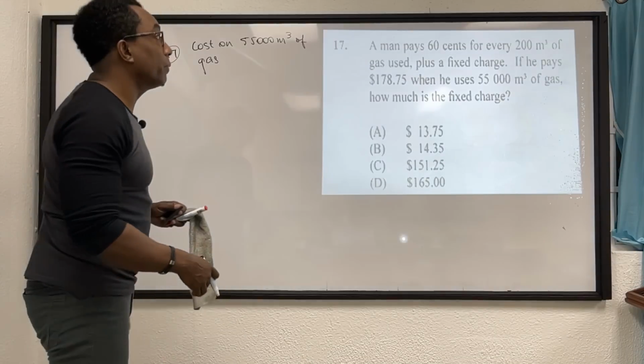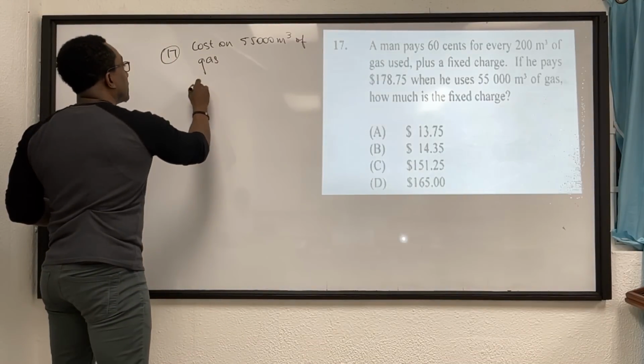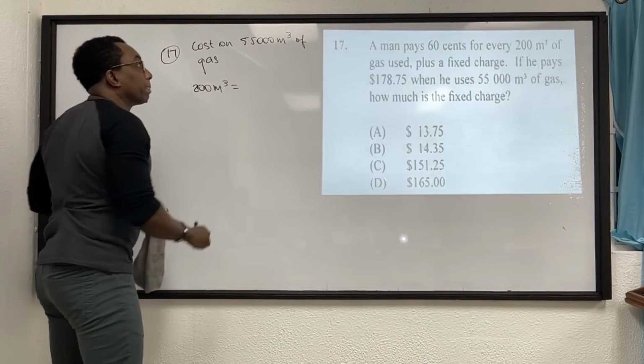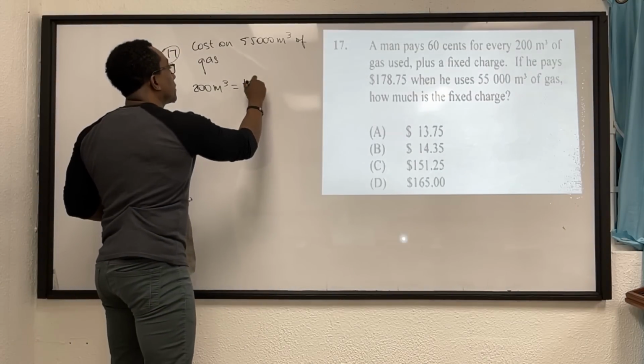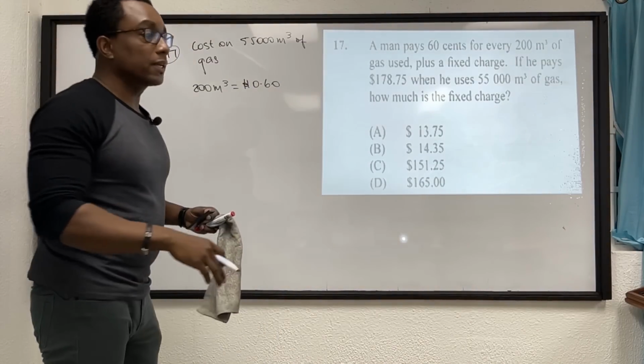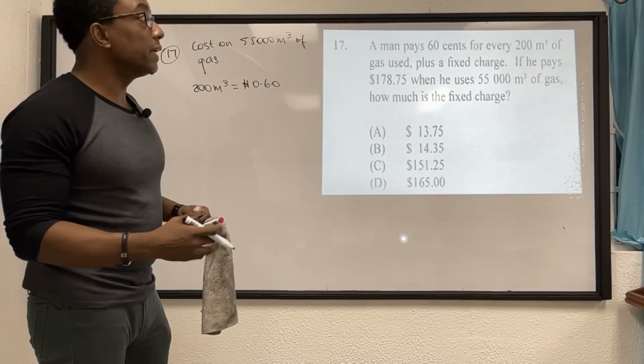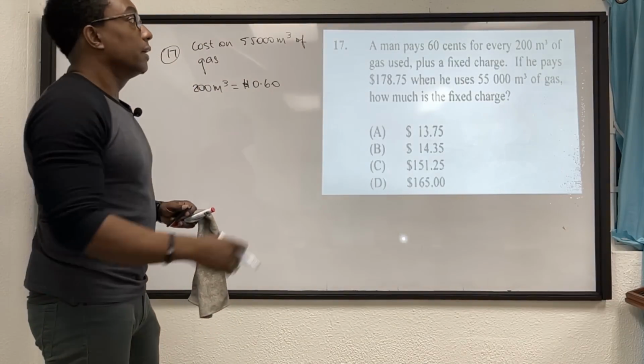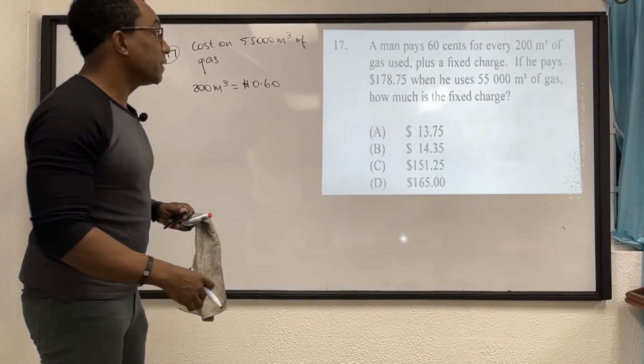We're going to state here 200 meter cube is equal to 60 cents. And because we want to convert 55,000 meter cube into money, money is placed on the right of the relationship.